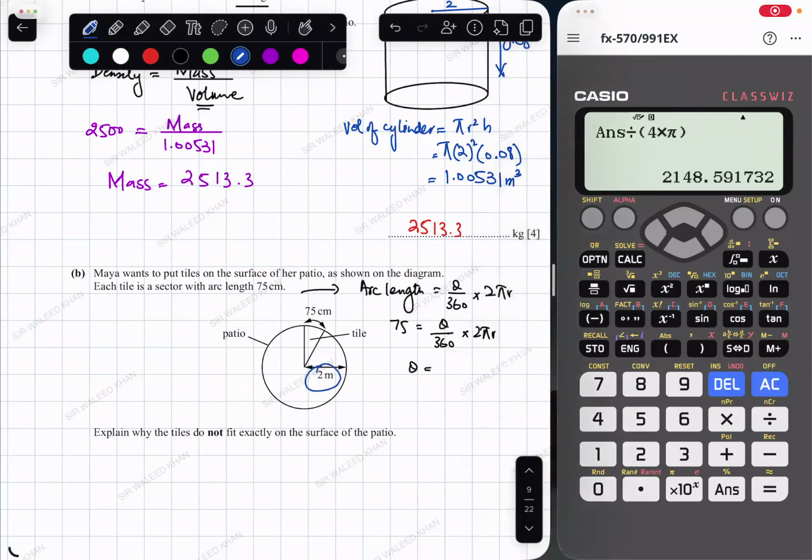It's 2 meters and 75 centimeters. Good, that's fine. So I can convert meters into centimeters. 1 meter has 100 centimeters. Now it's fine. So divided by 100, 21.485. So theta is 21.486. Right? This is the value of theta.